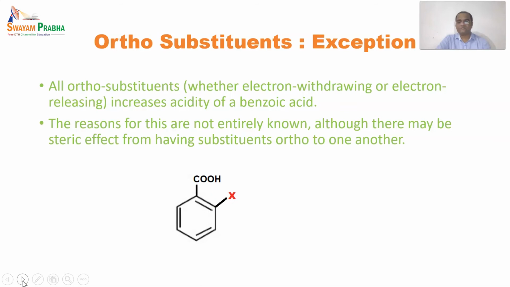A possible reason is that there may be some steric hindrance, or some steric effect, due to which the acidity of benzoic acid increases. Whatever substituent is present on the ortho site, at number 2 position or number 6 position, is having some steric effect with the proton over here or the oxygen over here, and that is why there may be an increase in the acidity of benzoic acid.